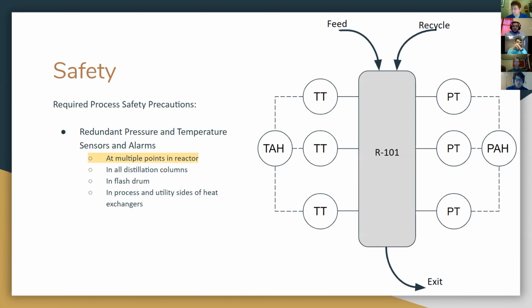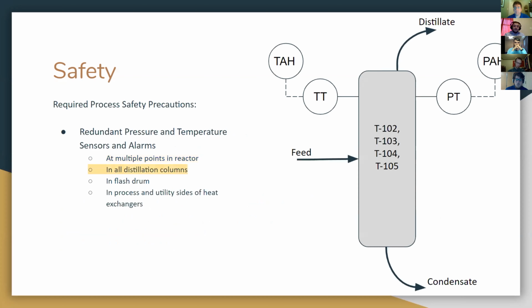So this is just a short look we're going to go through with the safety precautions for each of the pieces. As you can see, we have multiple temperature and pressure sensors going to high temperature and pressure alarms for our reactor. In actuality, we would have more than 3. This is just to show it would be along the reactor as it progressed.